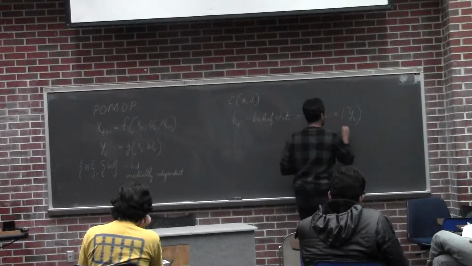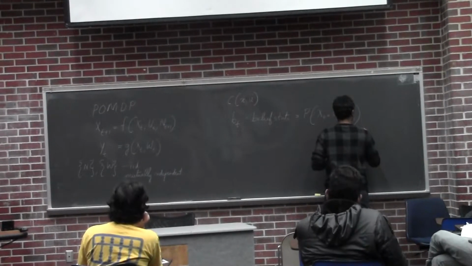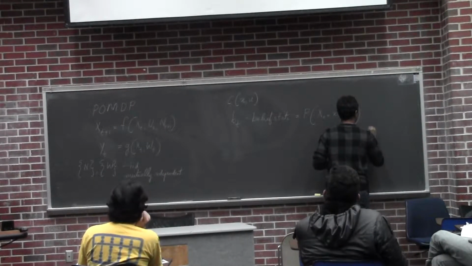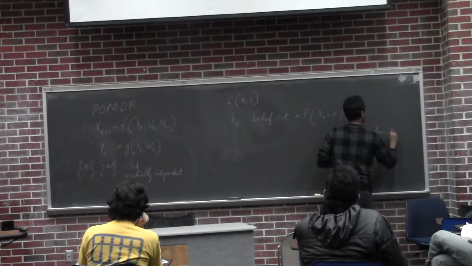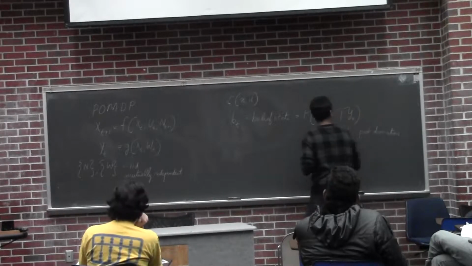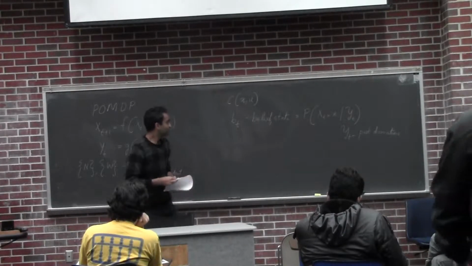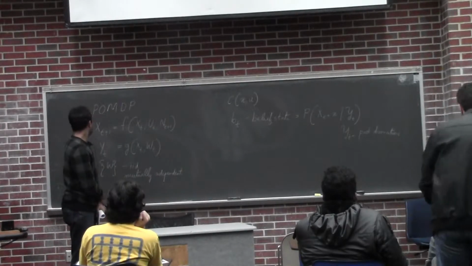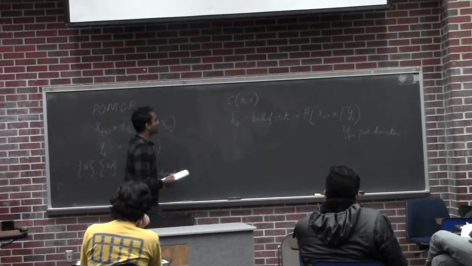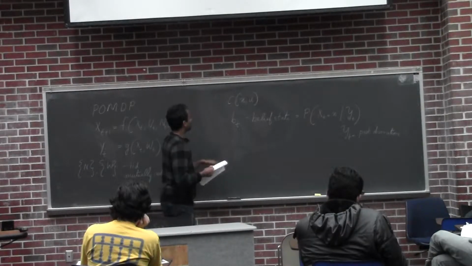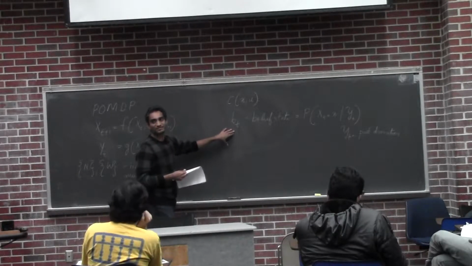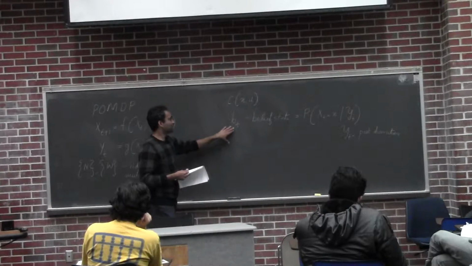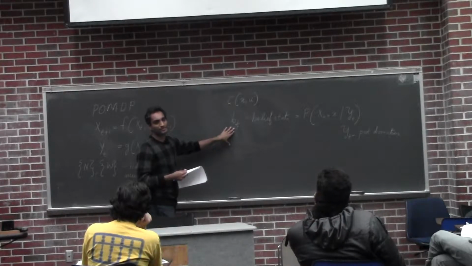Right, so yt is all the past observations. But the problem is that Bt by itself does not turn out to be a Markov chain.